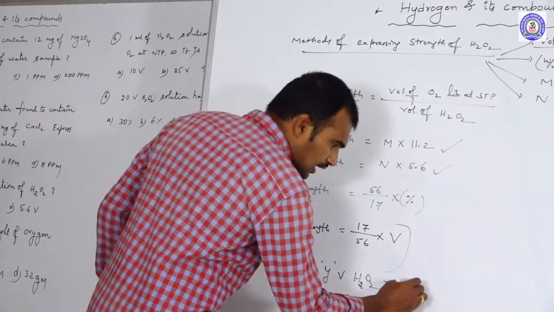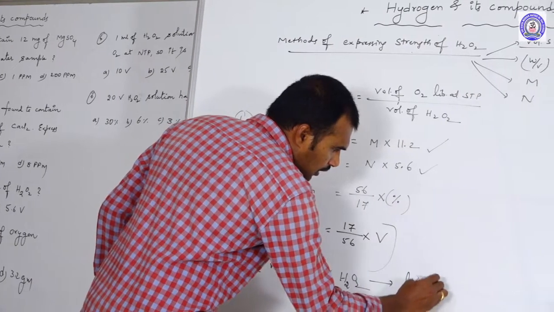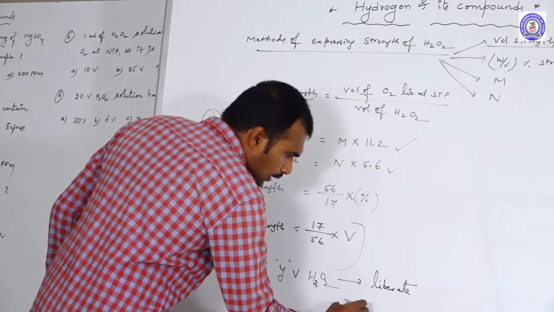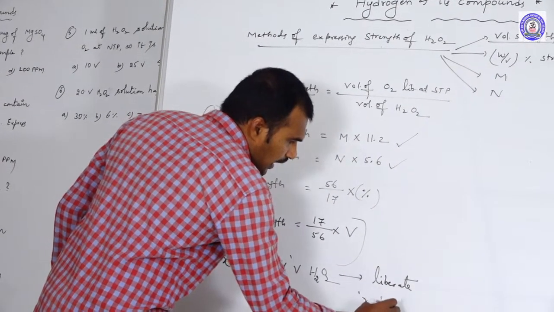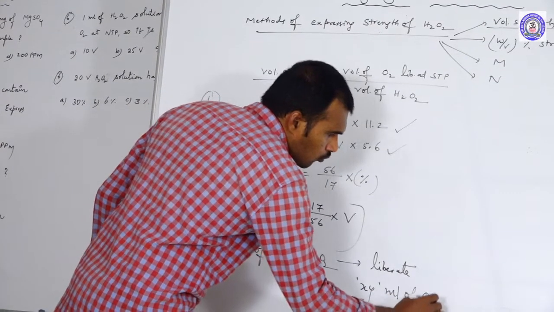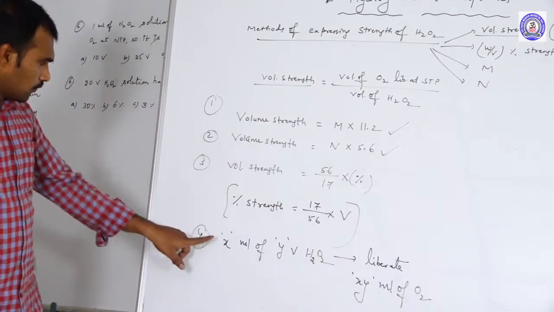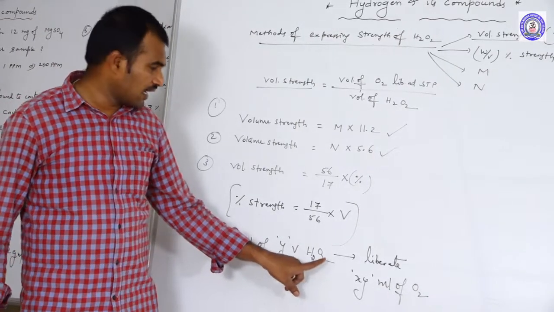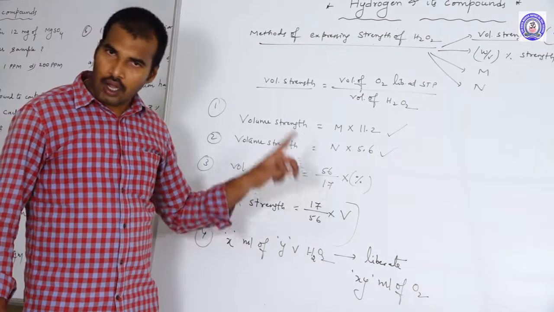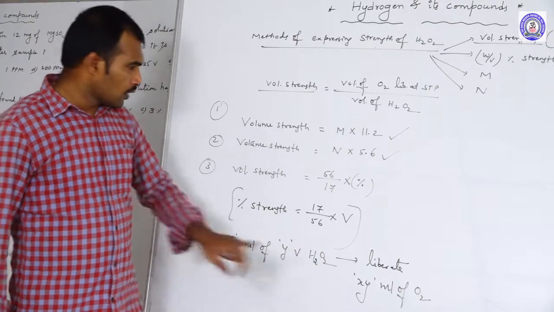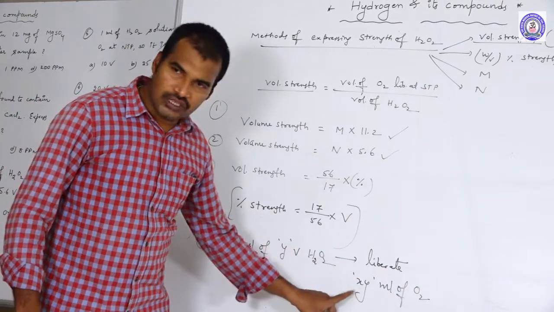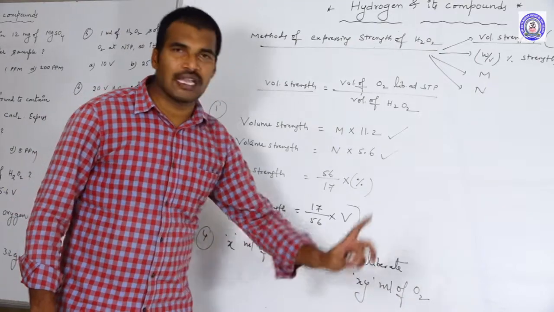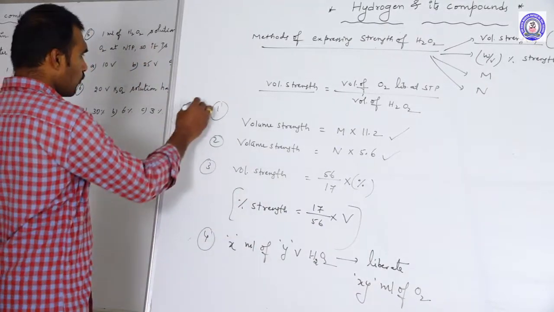It always liberates x into y, that is xy ml of O2 at STP. If you take x ml of y volume strength H2O2, on decomposition at STP it liberates xy ml of O2. So these are the formulas.